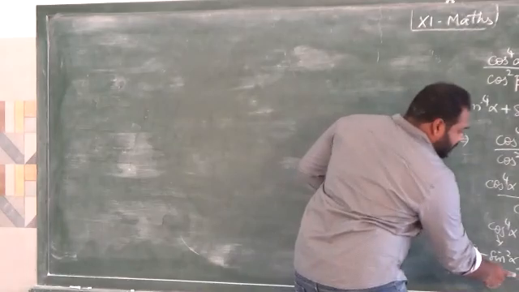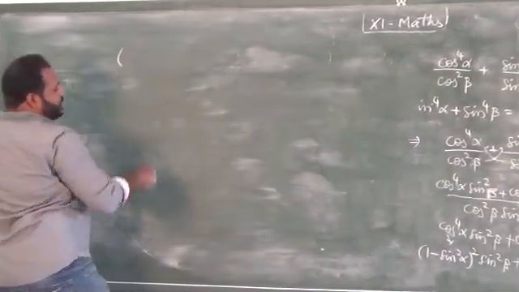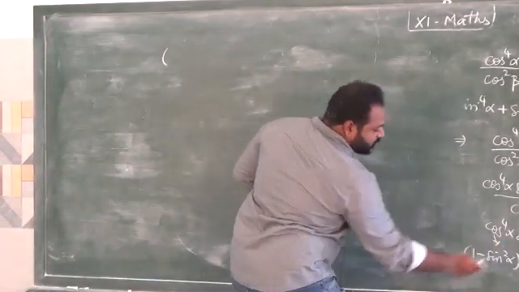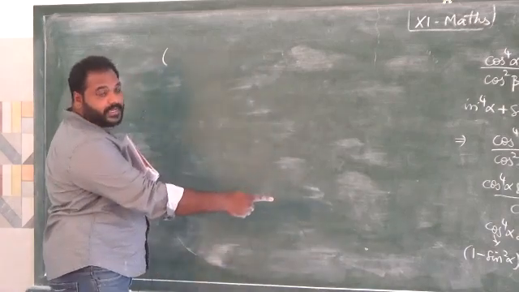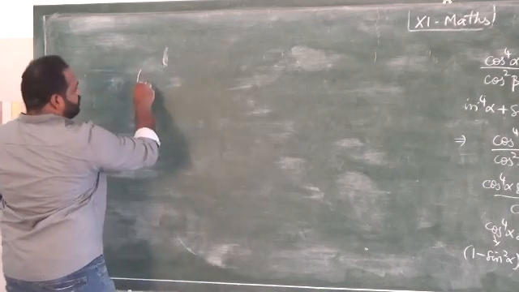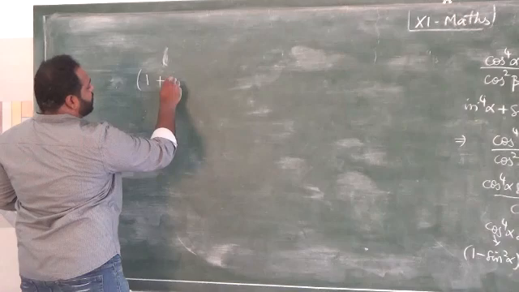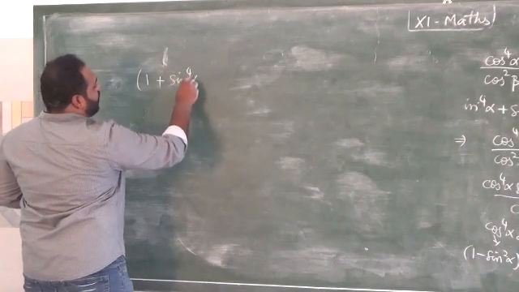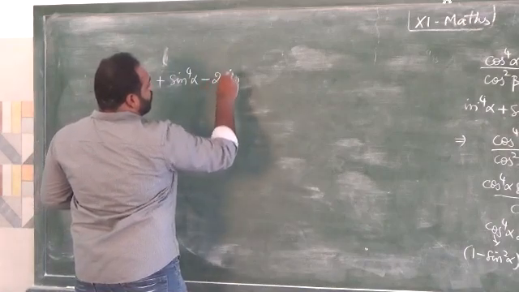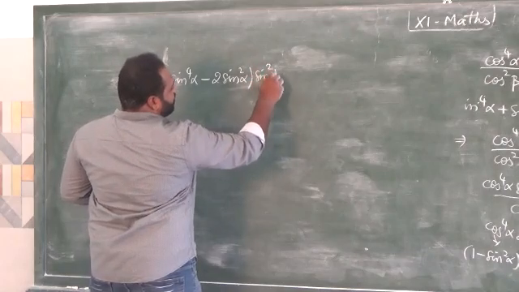Next simplification: we have to expand the first bracket, a minus b whole square. So we expand the a minus b whole square formula. Here a is 1, b is sin square alpha. If you expand that, 1 square is 1 plus b square is sin power 4 alpha minus 2ab, which is 2 into 1 into sin square alpha, into sin square beta.